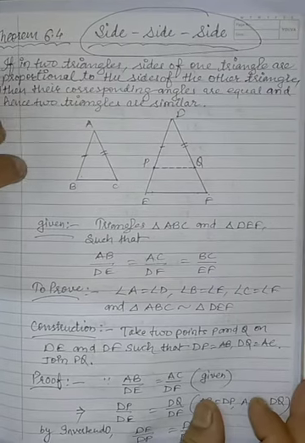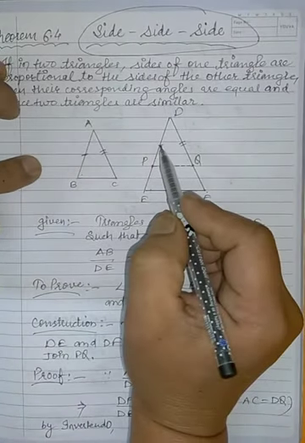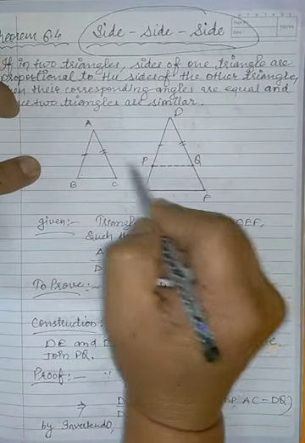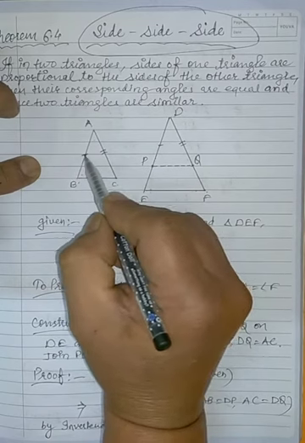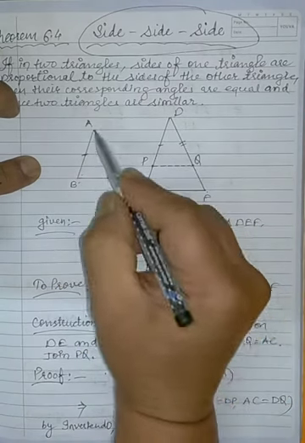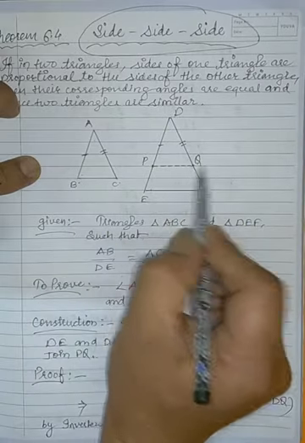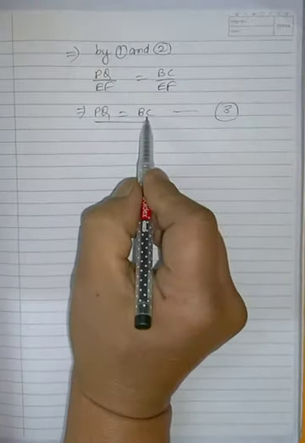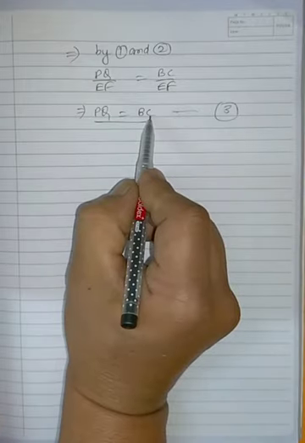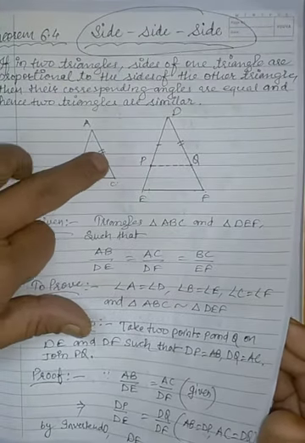Okay, now let's come back to this triangle again. We have taken DP is equal to AB by construction, DQ is equal to AC by construction, and here we have proved that BC is equal to PQ. Let's take triangle ABC and triangle DPQ.